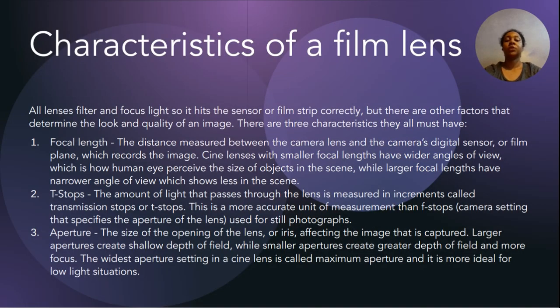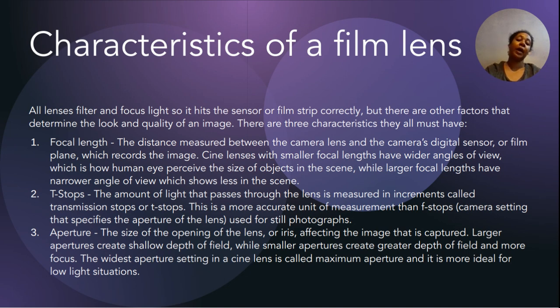T-stops, it's the amount of light that passes through the lens, which is measured in increments, or you could call them transmission stops, or T-stops for short, as I've been saying, and it is more accurate than measuring through f-stops, which is the camera setting when you set the aperture for the lens, and is usually used in still photography.